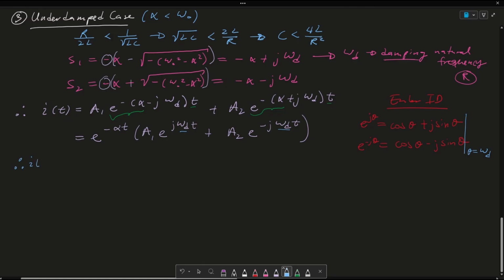Therefore, I get i of t equal to e to the minus alpha t times a1 times cosine omega d t plus j sine omega d t, plus a2 times cosine omega d t minus j sine omega d t.